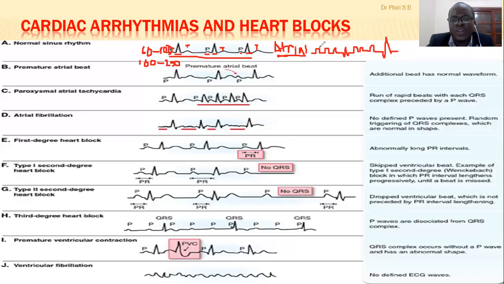So this will point to atrial tachycardia, meaning that the atria are the ones that are contracting more. So maybe the SA node is firing a lot of action potentials, or you have an ectopic source of these action potentials that will bring about atrial depolarization. Then you have more of these P waves, and then one of them is conducted.